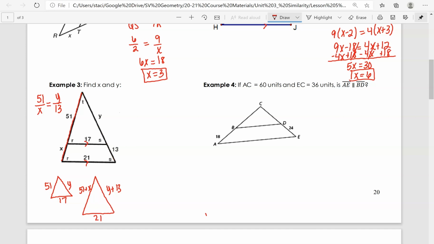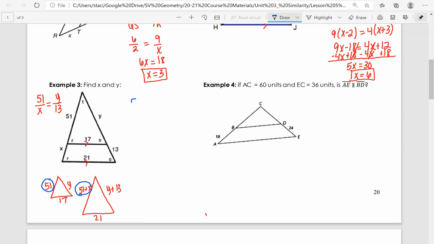Now this is going to bring us back to lesson 4. How can I set a proportion where I only have either x or y? As I'm looking at this, and focusing on whether I could do y or x, the first thing that I see is that I could do 51 and compare that to 51 plus x.